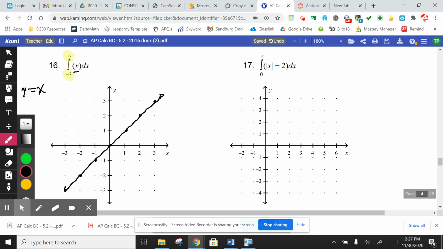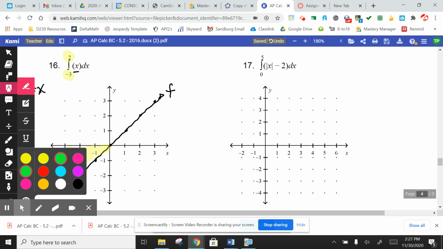So traditionally, some people just have a hard time seeing this. What you have to always understand, we are looking for the area between your function, here's our function, and the x-axis. So the area between this function and the x-axis starting at a -3 would be right here. But then eventually we have to flip over to the other side. We still need to get to 2.